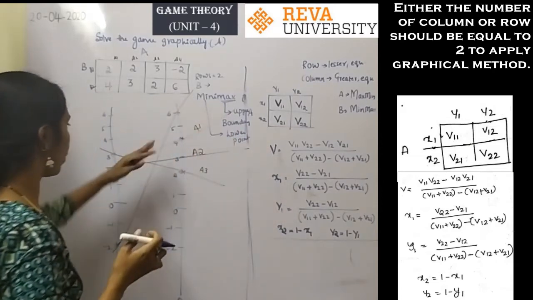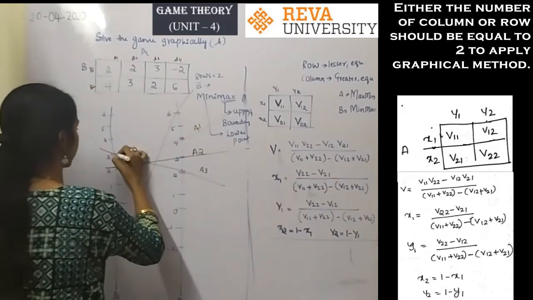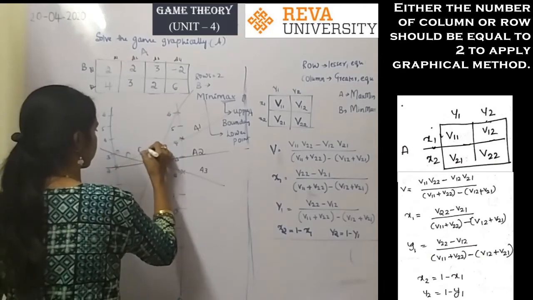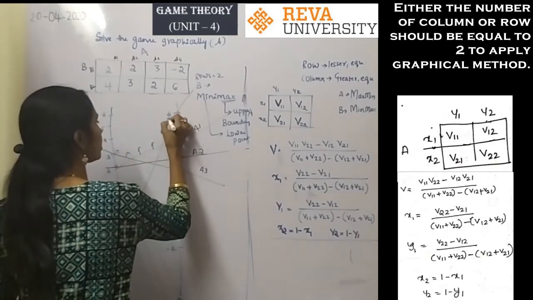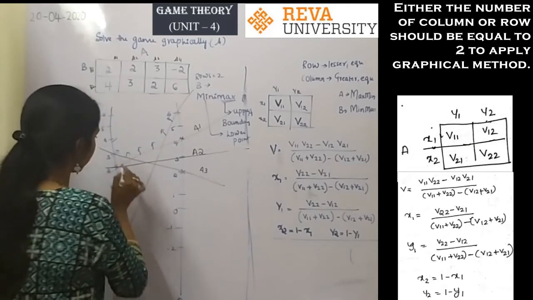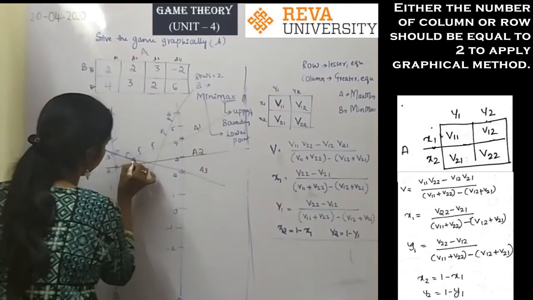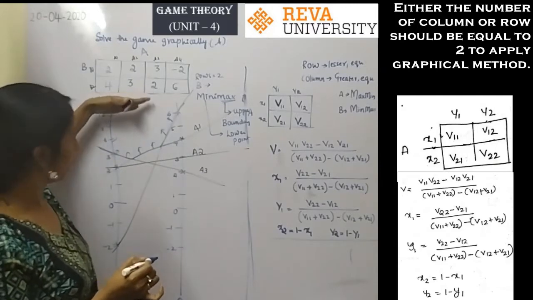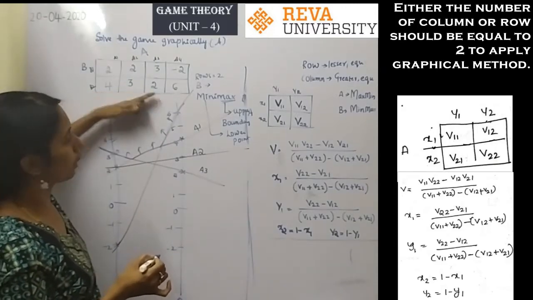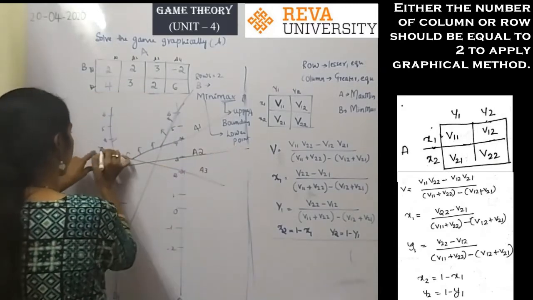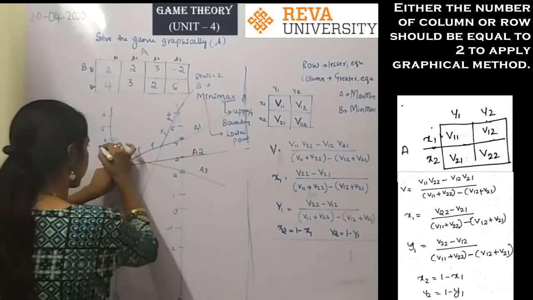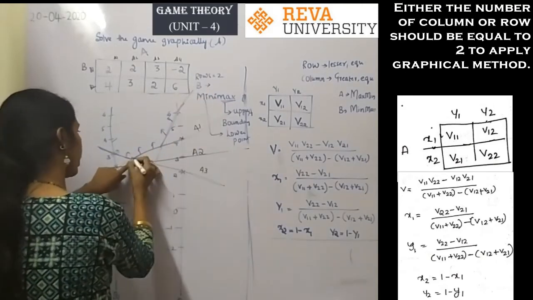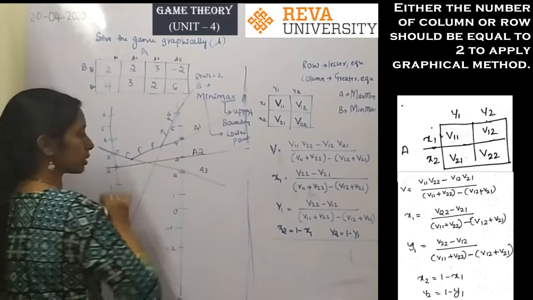So, you have to consider this region. It indicates the upper boundary, and in this upper boundary, you consider the lower point. If you observe here, in this upper boundary, the lower point is this one.